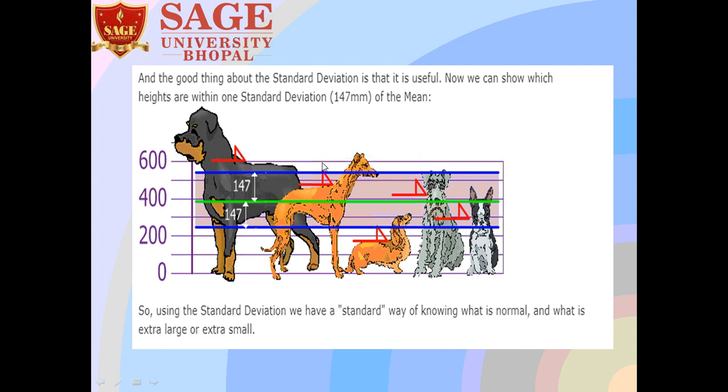That is how we take care of the normal distribution. So try to understand this: with one deviation up and one deviation down, we cover each and every section of the values which are spread out. So this is the standard deviation.